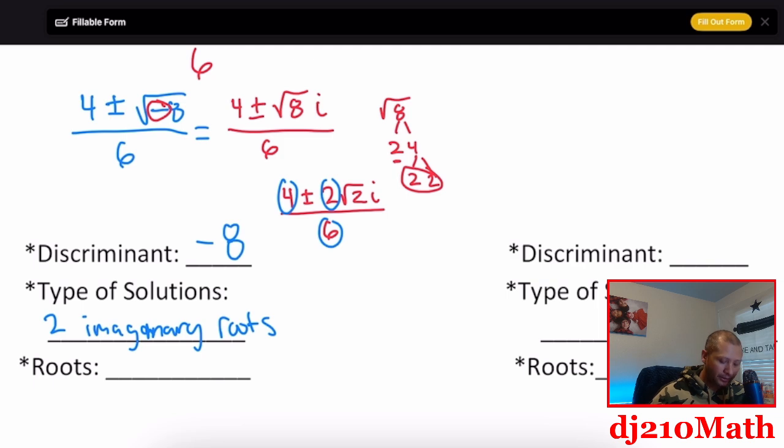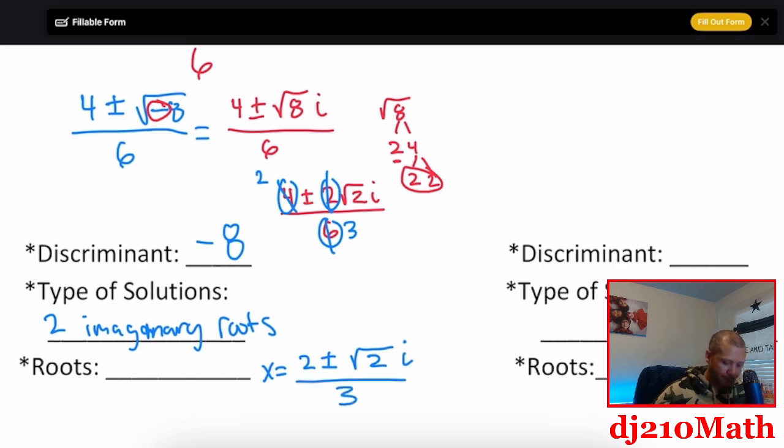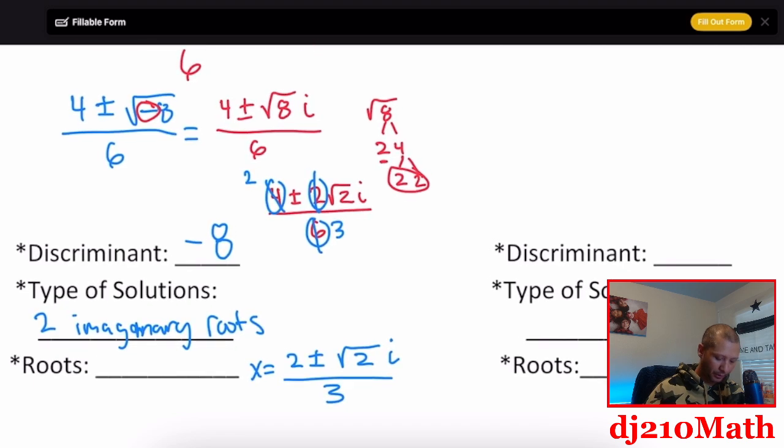The GCF, greatest common factor. So you could reduce these by 2. So this would be 2. This is a 1. This would be a 3. So the roots in the final answer: x equals 2 plus or minus √2i over 3. I know it's a lot, but that's where we want to be, right?